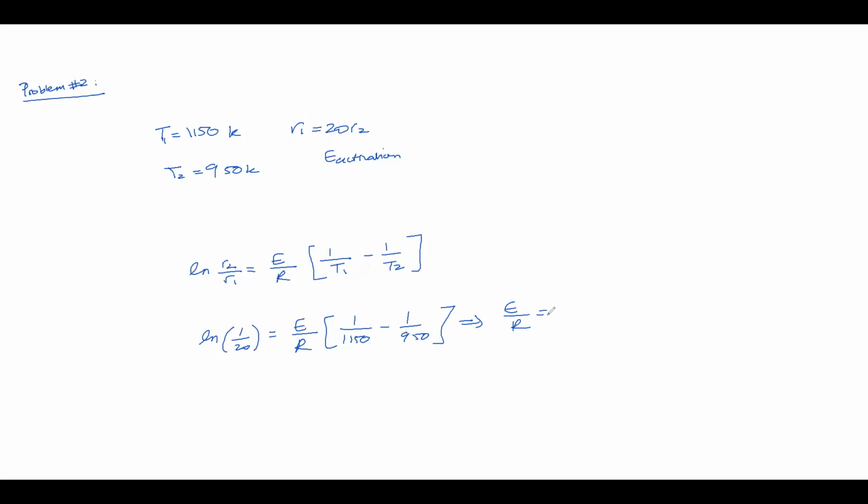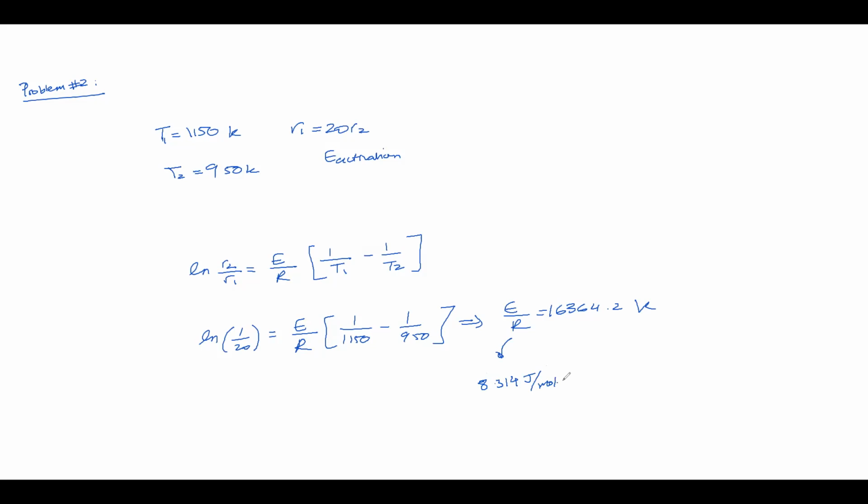So I have 16364.2, and this is Kelvin, because this is 1 over Kelvin, you cancel out and you get a dimensionless entity here, and ln is a dimensionless entity, so that's fine. And R in this case will be 8.314, and always remember the value for joule per mole Kelvin.